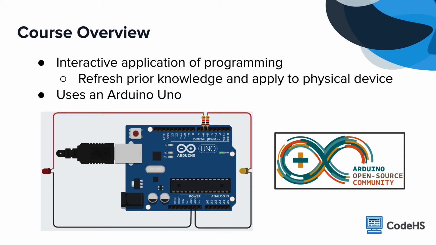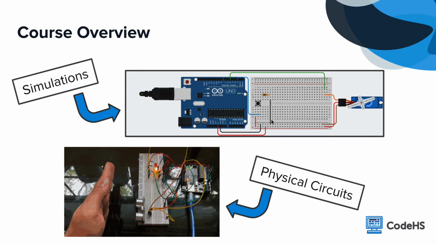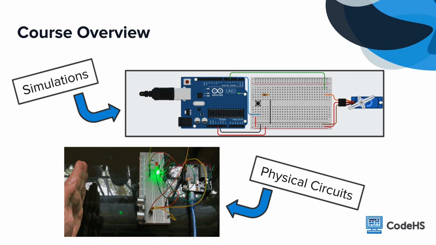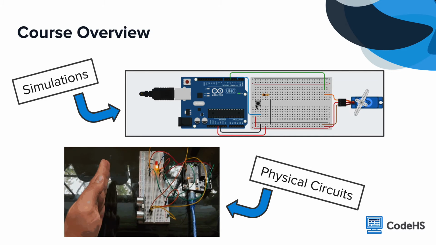The course provides a highly interactive way for students to apply programming concepts to physical devices. This course is meant to refresh and apply basic programming concepts in a physical environment using the Arduino Uno device or a third-party equivalent. Throughout the course, students will test and compile programs using a computer simulator and build circuits to run the programs on their physical Arduino devices.